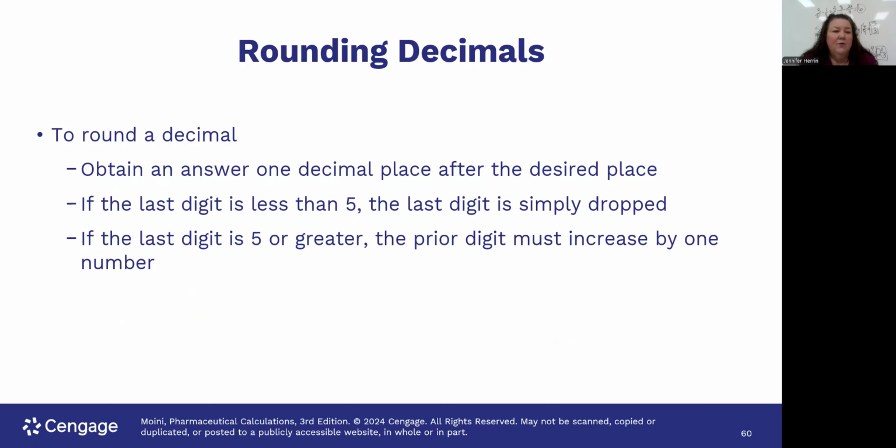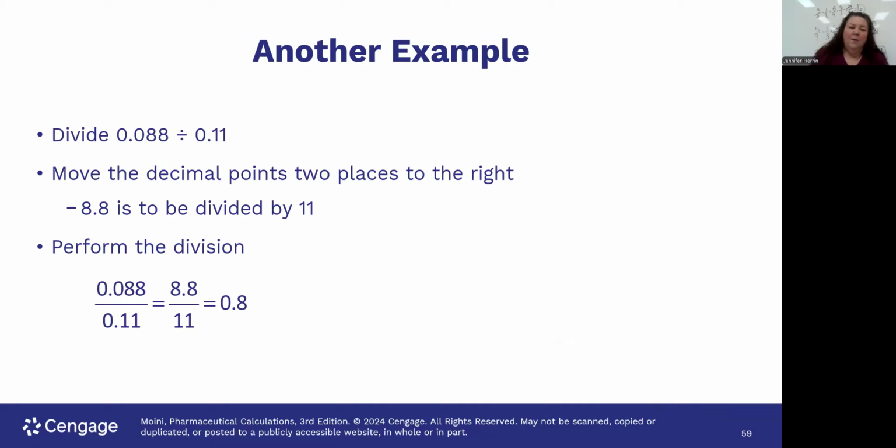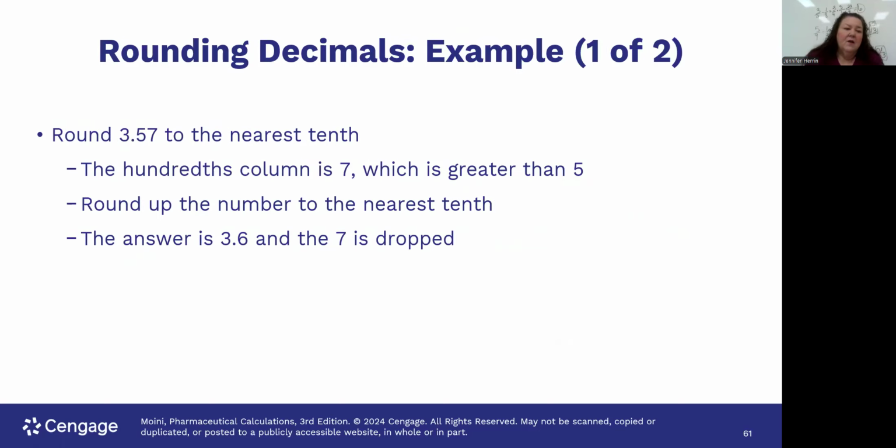Now, let's talk about rounding. To round a decimal, we want to obtain an answer 1 decimal place after the desired place. If the last digit is less than 5, the last digit is simply dropped. If the last digit is 5 or greater, the prior digit must increase by 1. So for example, round 3.57 to the nearest tenth.